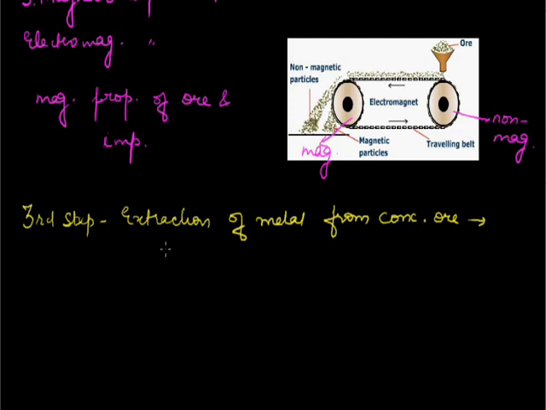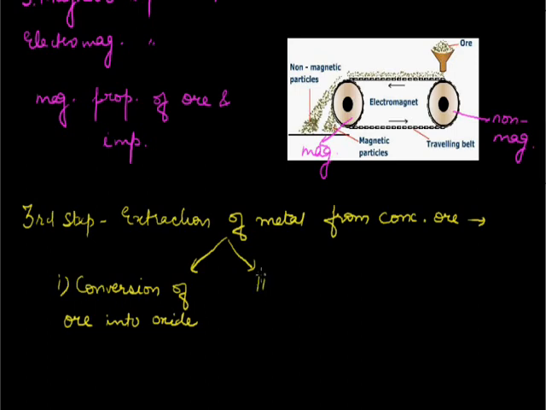Now this step, extraction of metal from the concentrated ore, it is divided into two sub-steps. First sub-step is conversion of ore into metal oxide. So the ore which has been concentrated in the previous step is converted into the corresponding metal oxide.